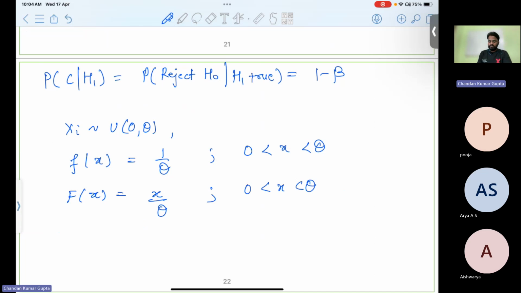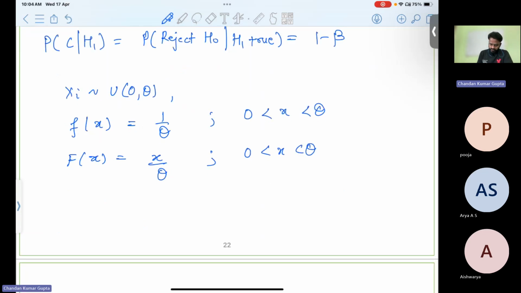Now the distribution of f of xn, that is the max function, the maximum of xi.